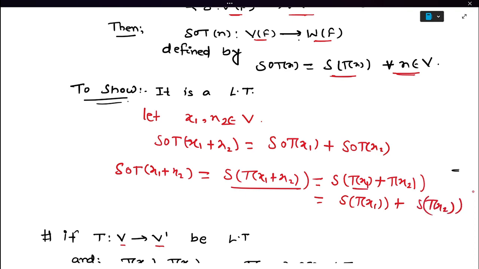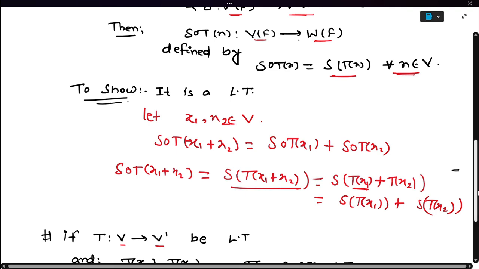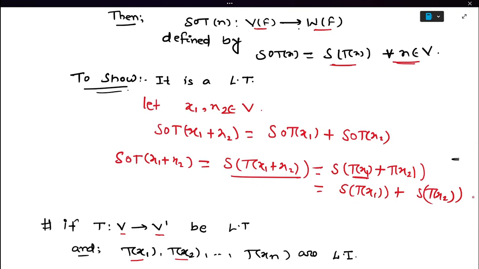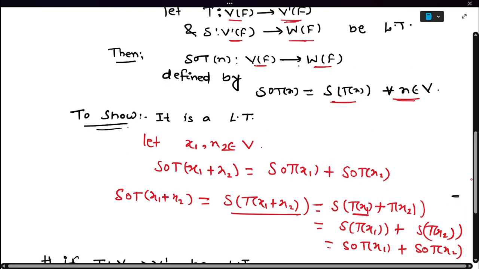This element is in V dash because T is a linear map from V to V dash, and S is a linear map which sends elements of V dash into W. So it is well defined, and we can write S of T of x1 plus S of T of x2. So we have proved this.